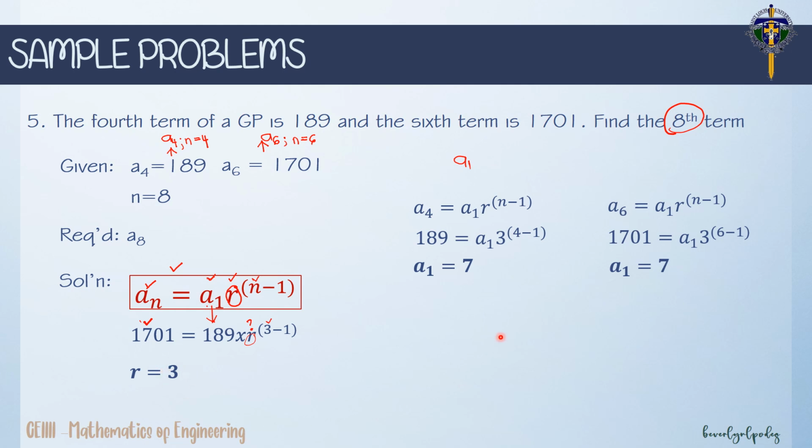Since we already know the value of the first term, we can now solve for the value of the eighth term. So that now becomes a8 is equal to the first term multiplied by the ratio raised to n minus 1.